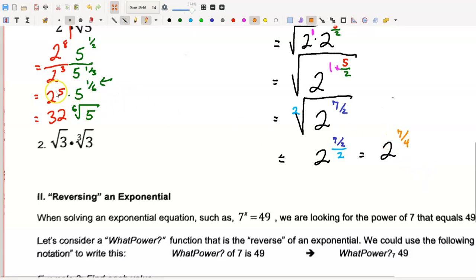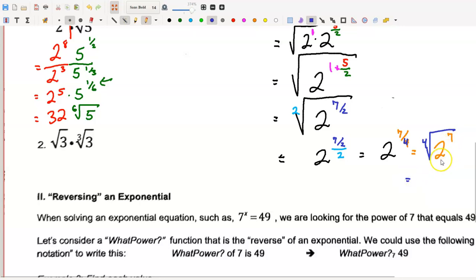And then just like this one over here, we wouldn't leave it as just a power to a fraction; we'd rewrite it in radical form. So this will become 2 to the 7th, the 4th root. So the 4th root of 2 to the 7.